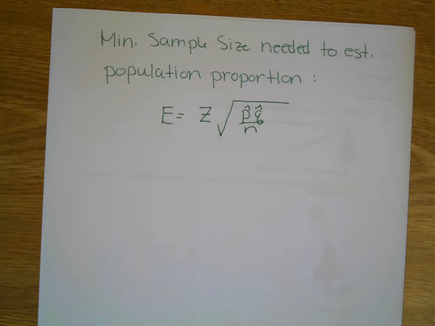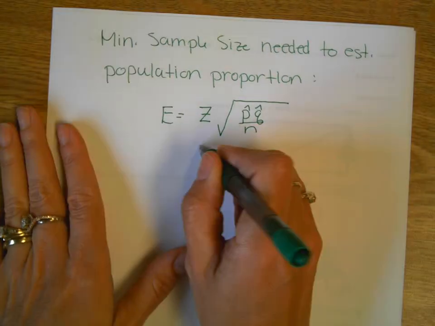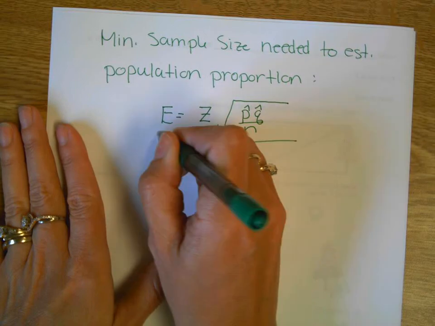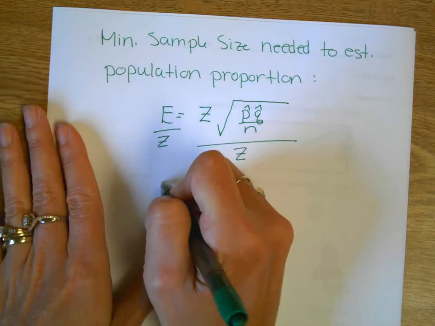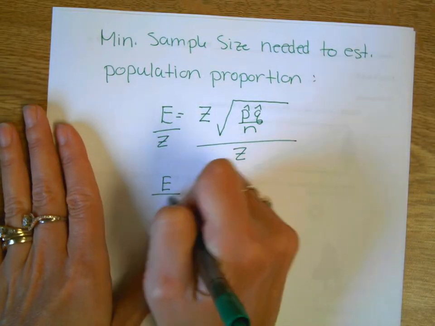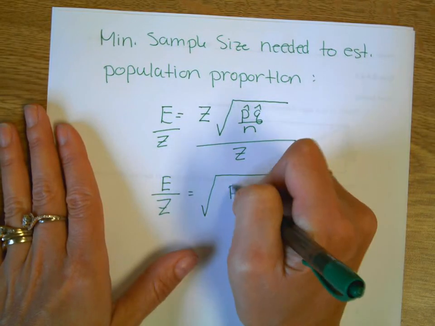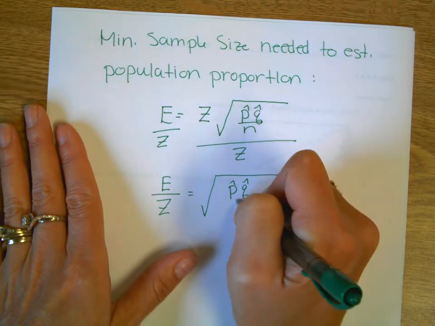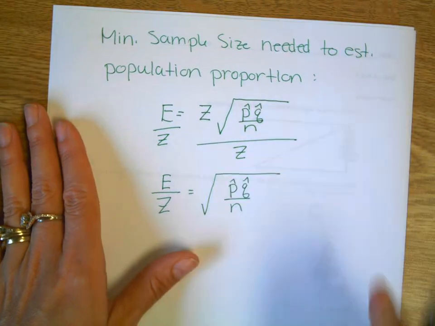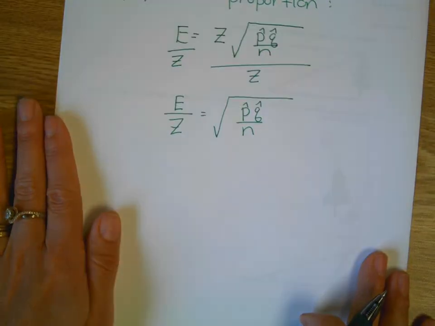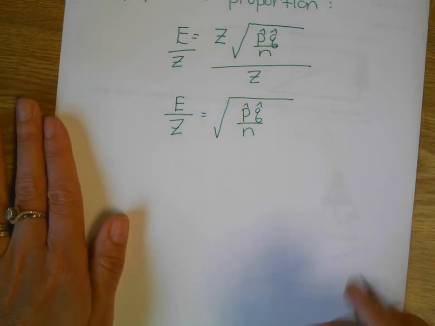Multiply. Divide by z. Divide by z, right. So we've got E over z. Now what? Now square both sides.